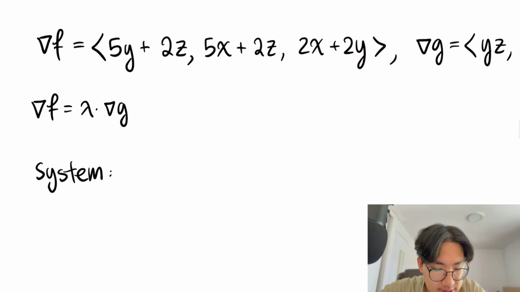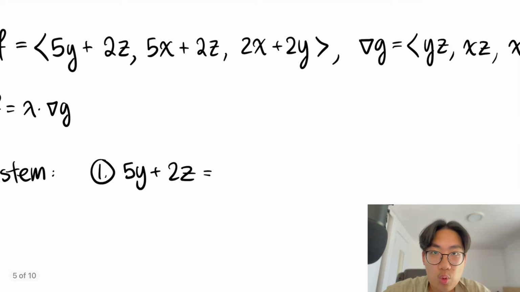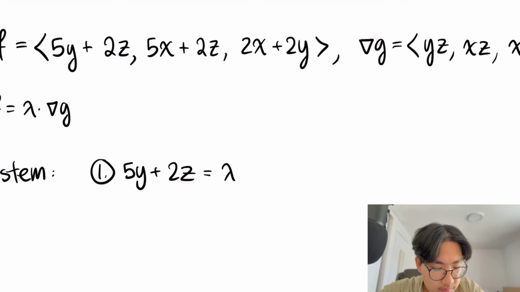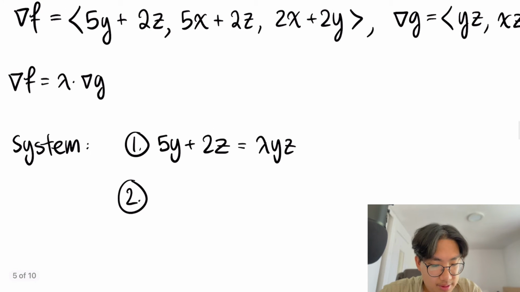So you have 5y plus 2z, and this is equal to lambda times yz. Two, we have 5x plus 2z.